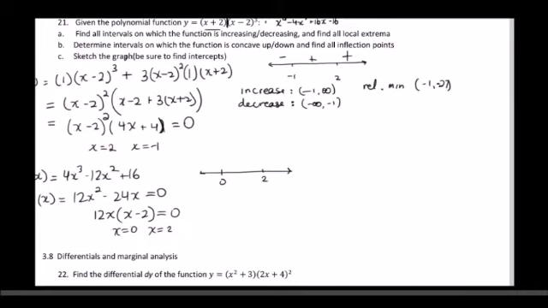Now if we use test points in each of the intervals, something here to the left of 0 could be like -3. That's going to make a negative here and a negative there. But a negative times a negative turns out to be a positive, so that piece of the graph's concave up. Test point in that interval could be 1. That makes a positive and a negative, which is negative. So that portion of the graph between 0 and 2 is concave down.